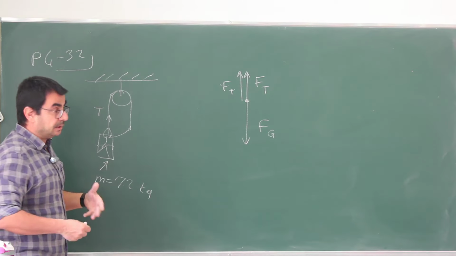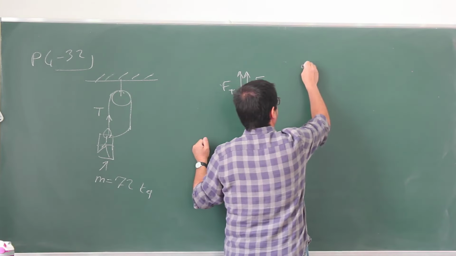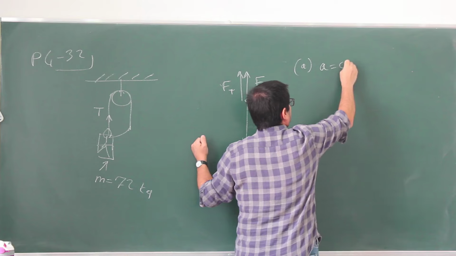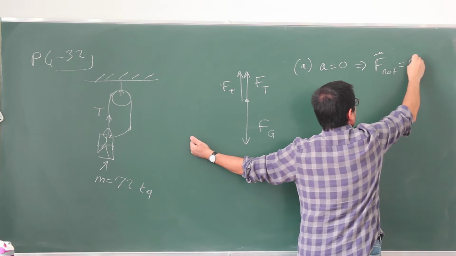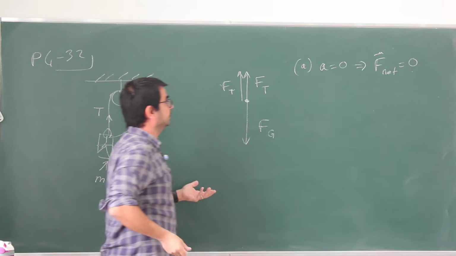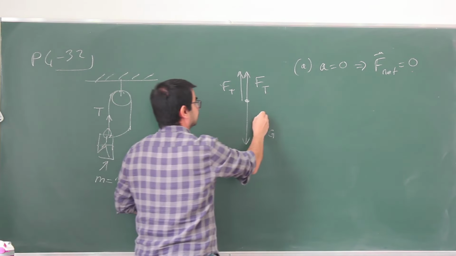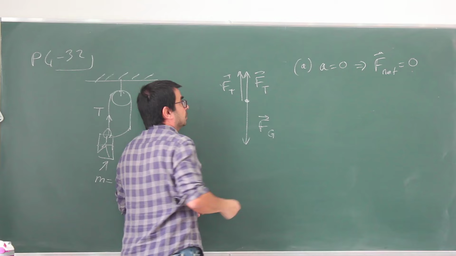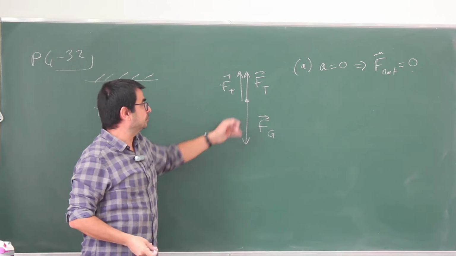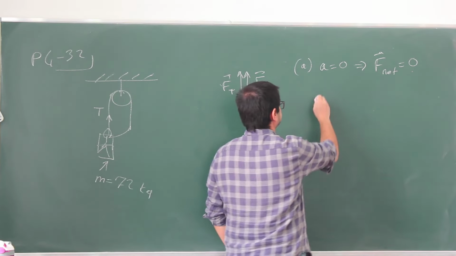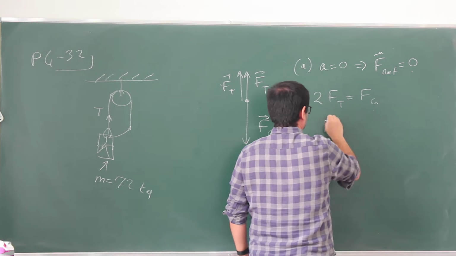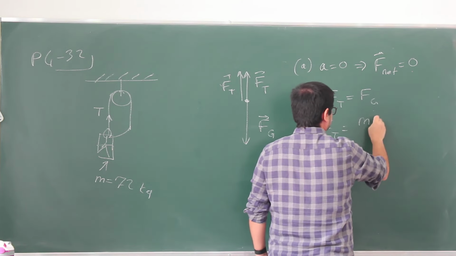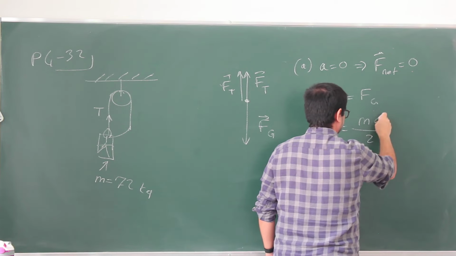And for part A, the acceleration is 0, which means the net force is also 0. And well, the only way for net force to be 0 is, of course, for these to cancel. These are the same, so 2Ft is equal to Fg. So tension is m times g divided by 2.